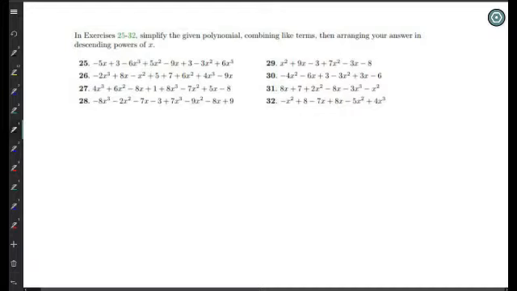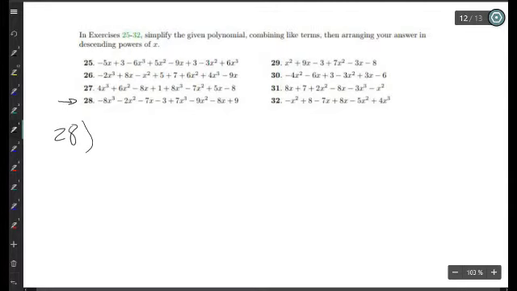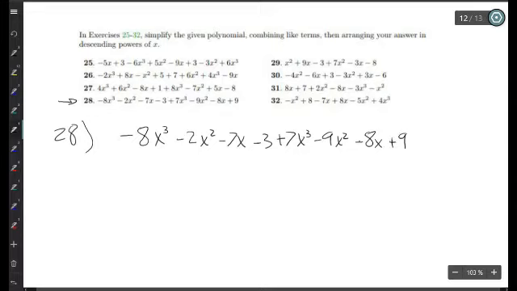Here we want to simplify and combine like terms and arrange in descending powers. So let's do 28. So negative 8x cubed minus 2x squared minus 7x minus 3 plus 7x cubed minus 9x squared minus 8x plus 9.